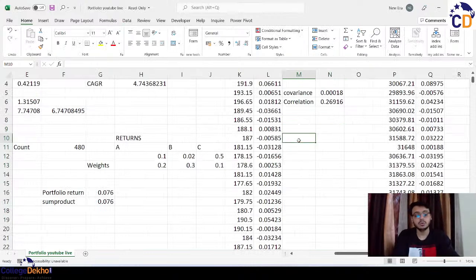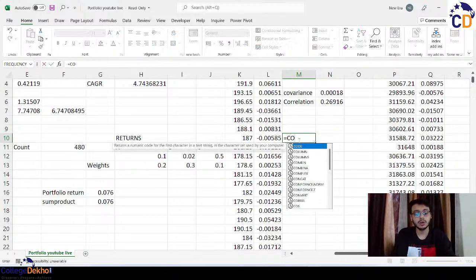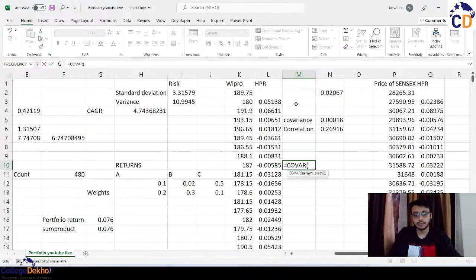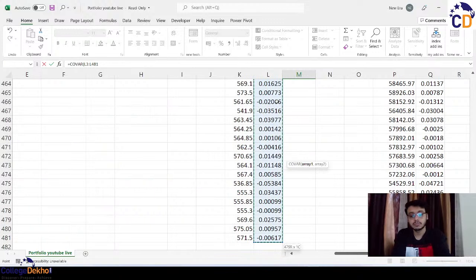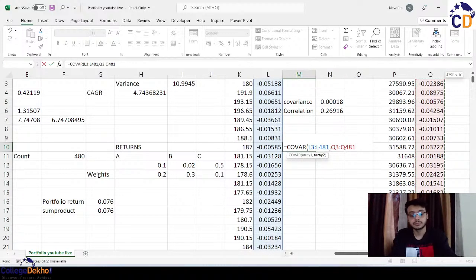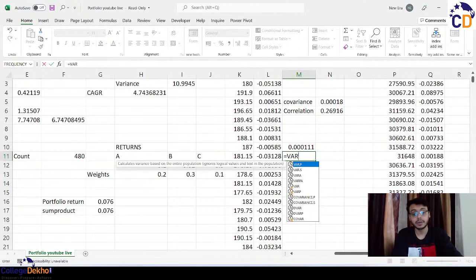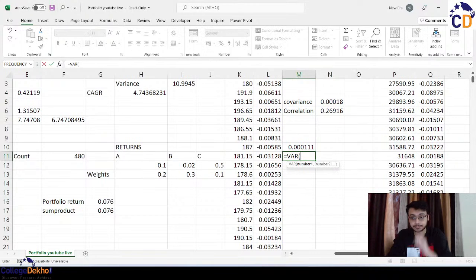Now what we can do is equal to वही कोवार फंक्शन यूज करके लेट्स टेक लाइक विप्रो ओनली. ठीक है, टाटा मोटर्स को भी छोड़ो, विप्रो को लेते हैं. एरे 1 विप्रो का रिटर्न, कॉमा सेंसेक्स का रिटर्न. ये हो गया. अब वेरिएंस ऑफ मार्केट निकालना है बिकॉज वो डिनोमिनेटर में, वार फंक्शन यूज करा.